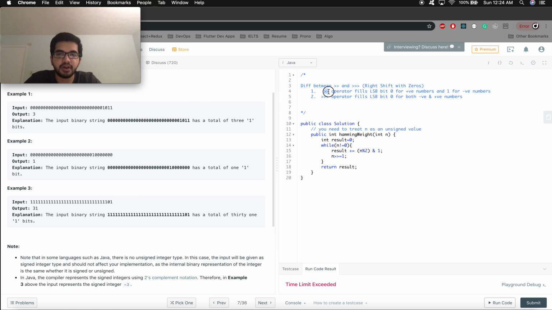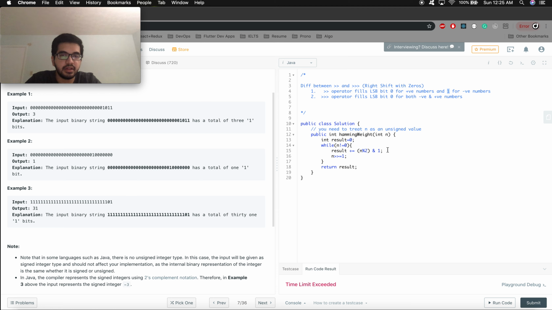The right shift operator keeps the leftmost bit as 0 for positive numbers, and for negative numbers the leftmost bit is always kept as 1, which means that when you do the right shift of a negative number, instead of adding 0, it adds 1.